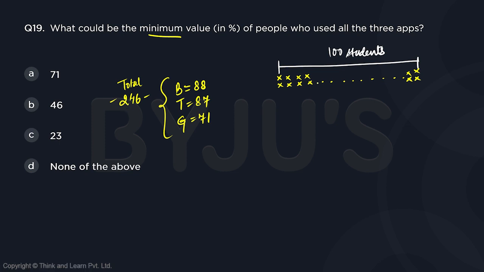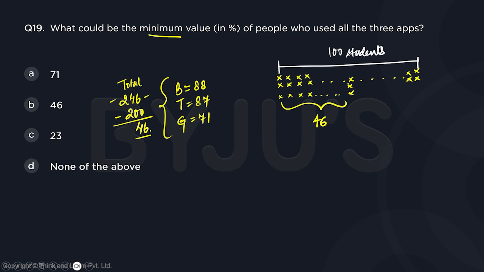So out of 246, if I give 100 students 2 chocolates each, that means 200 chocolates are done and we are left with 46. Now these 46 will anyways go to the first 46 kids, such that exactly 46 kids are going to have 3 chocolates, and we won't be able to minimize this, right? We can't make it 45.